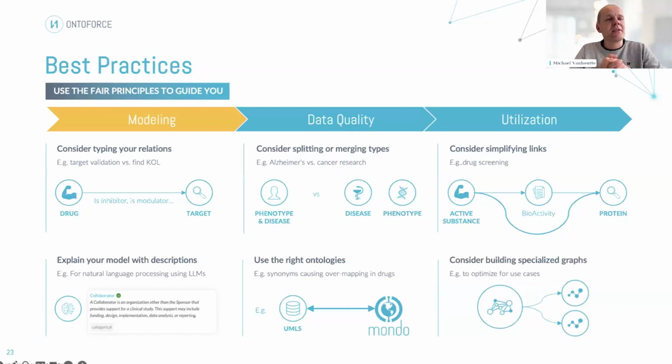Finally, in terms of the modeling part, may be obvious or it may not be obvious, I don't know, but consider building specialized graphs. So most customers are trying to build an enterprise knowledge graph where all of the information is linked together, enabling as many use cases as possible.